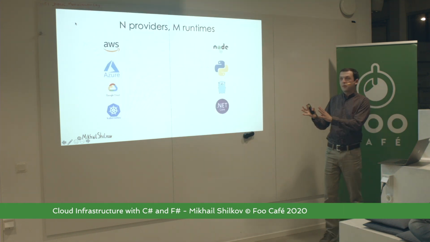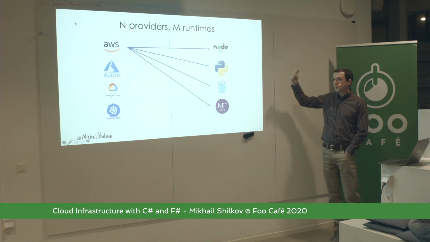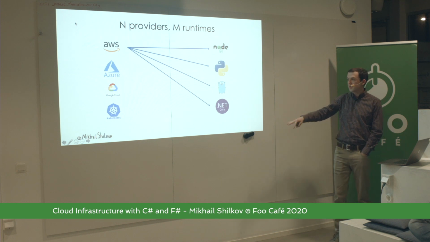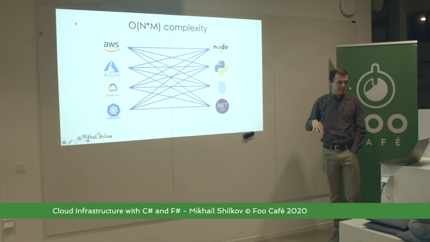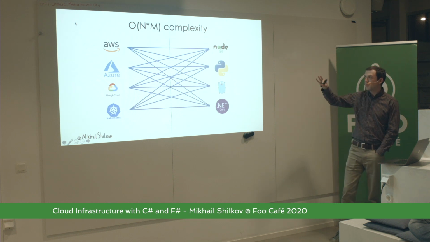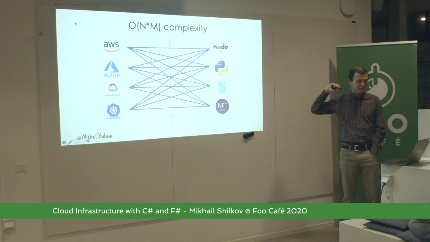First, we have multiple providers, and we have multiple runtimes. If we want to support AWS, we have to implement 4 SDKs, maybe tomorrow 5, maybe next year 6. And then for every provider, we have to implement all those SDKs. So it's like 40 providers times 4 runtimes. Go write 250 SDKs.